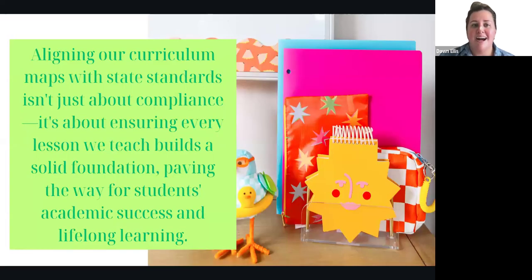So aligning our curriculum maps with state standards isn't just about compliance here. It's about ensuring that every lesson that we teach in our classrooms builds a solid foundation, paving the way for students' academic success and lifelong learning.